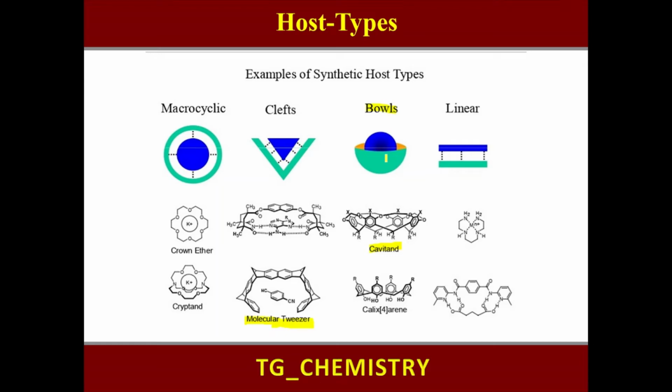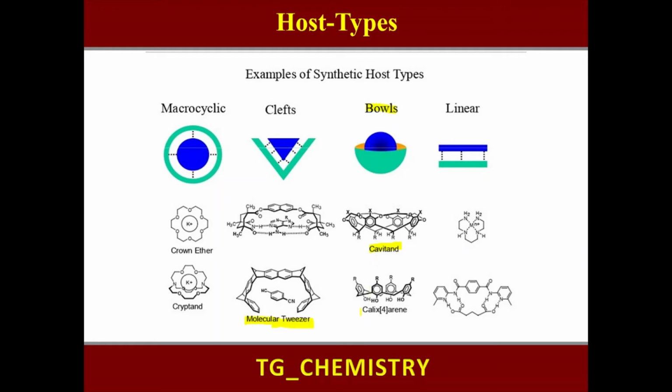The original definition of the cavitand was proposed by Cram. It can be the cyclodextrins or calixarenes; those kinds of molecules fall under this category. So these are another beautiful synthetic host type in host-guest chemistry.